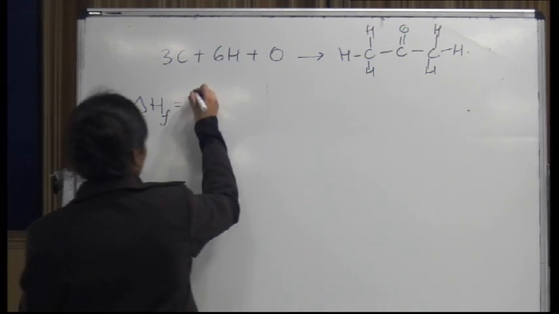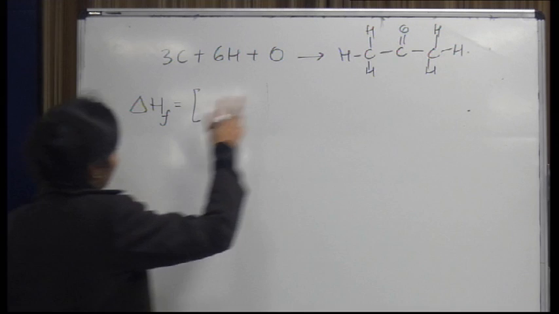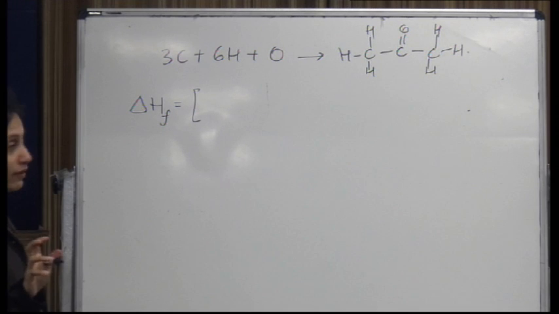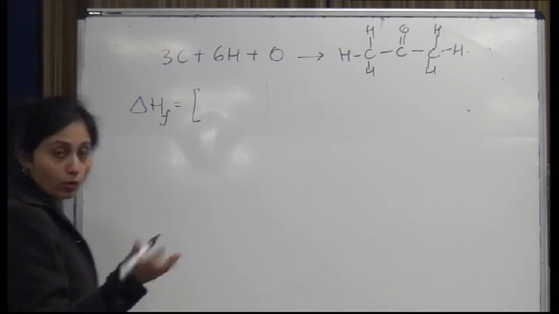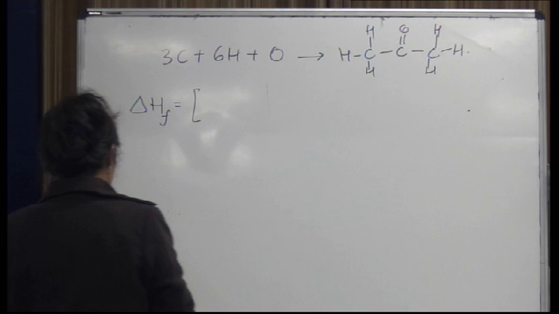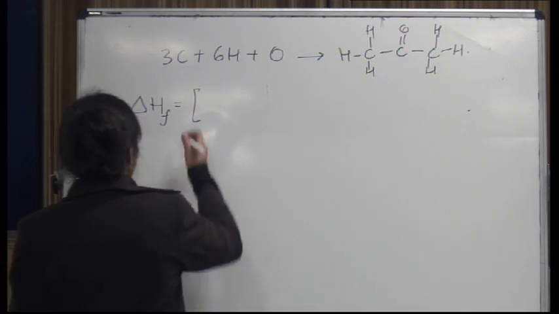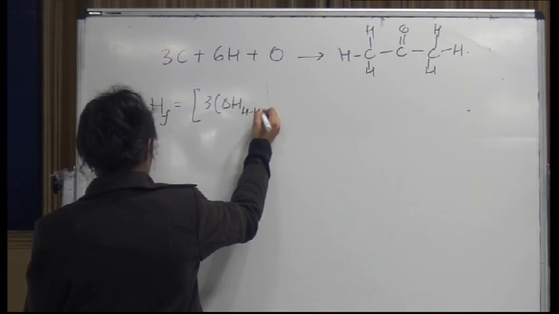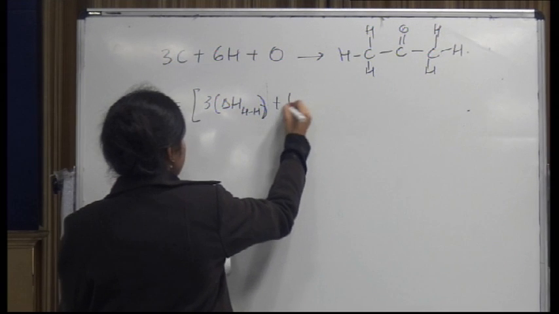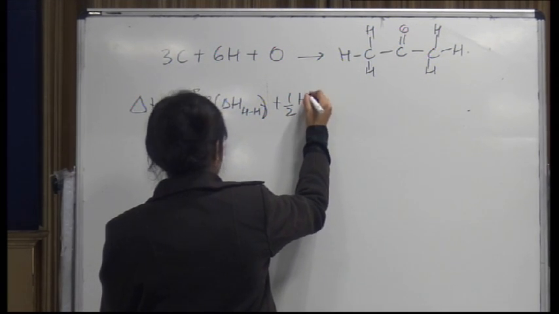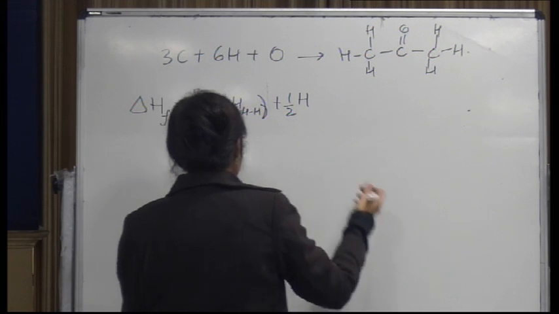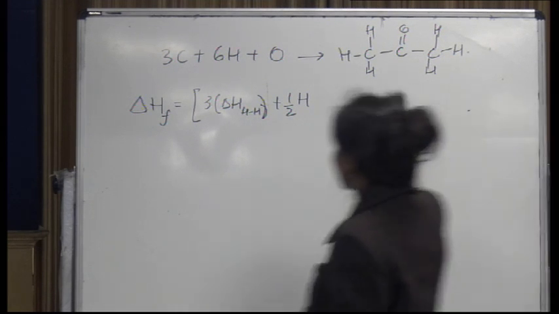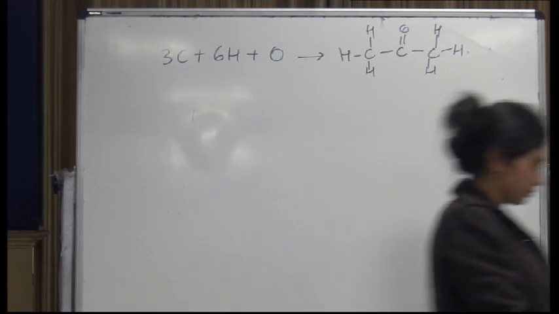You will be given the C-C bond energy, the H-H bond energy, and the C-O bond energies. So in this case you will have 3 times delta H of H-H plus half of delta H... or let me just give you a question directly. Remember that the bond energies given to you will be that of the reactants minus products.